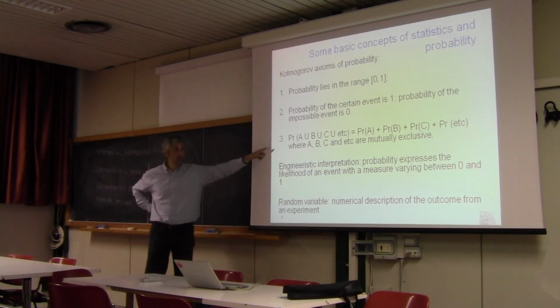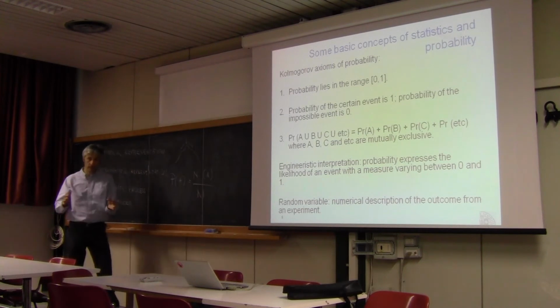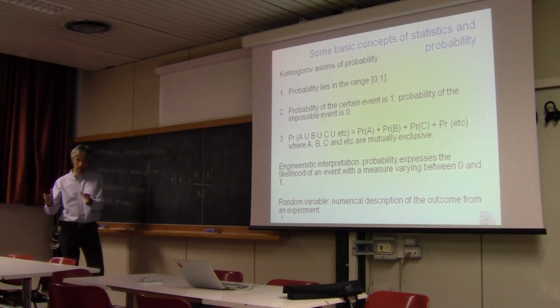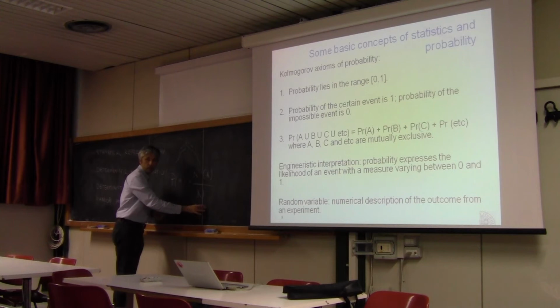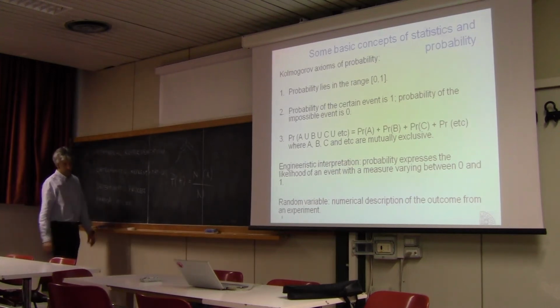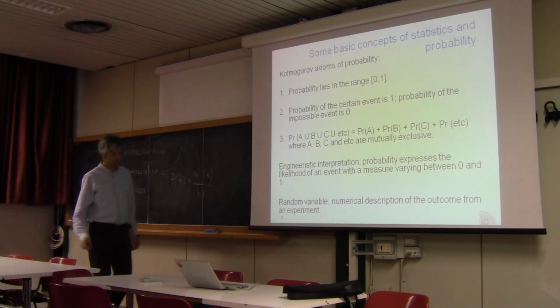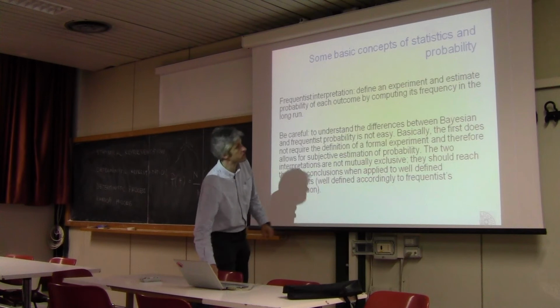And the third is again satisfied. So in the heads-or-tails case, I toss the coin 100 times, I count the number of heads, and then I compute the probability as the ratio between the number of heads and the number of trials, 100. This is an obvious definition. And this is what is written here.